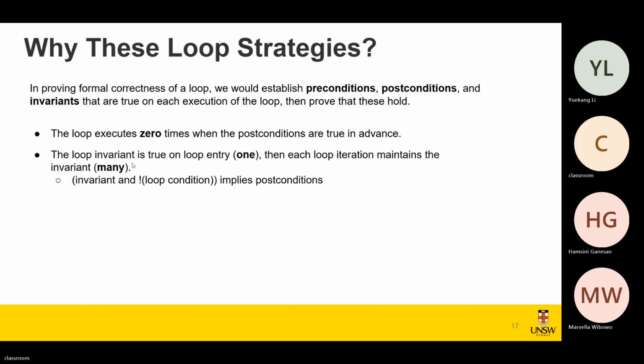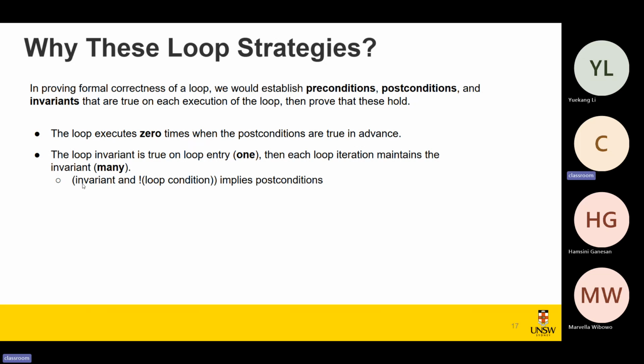And the loop invariant are the variable values which don't change across different runs of the loop. And it is true if we execute the loop once, and it should also be true when we execute the loop for many times. So that's why we choose the values of 0, 1, 2 for the loop boundary coverage.